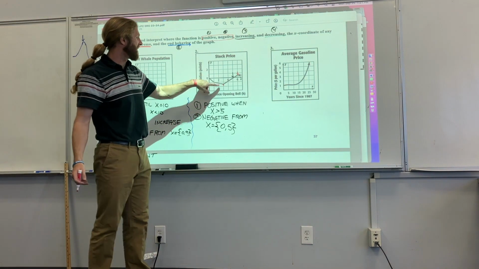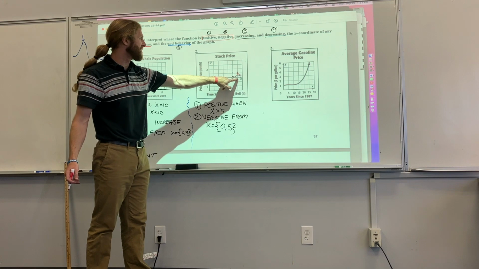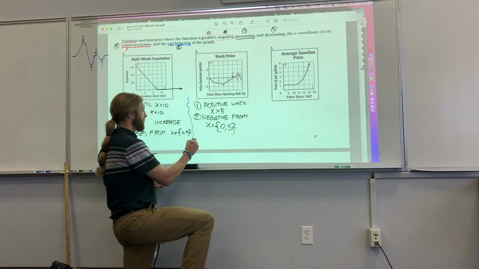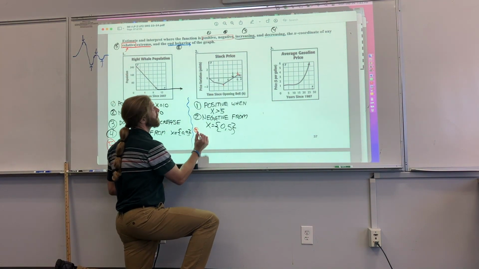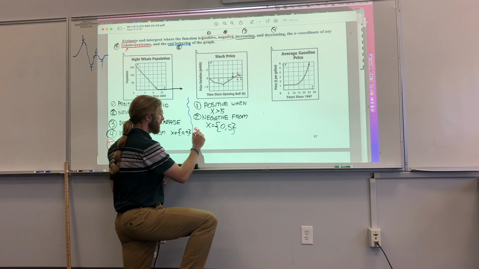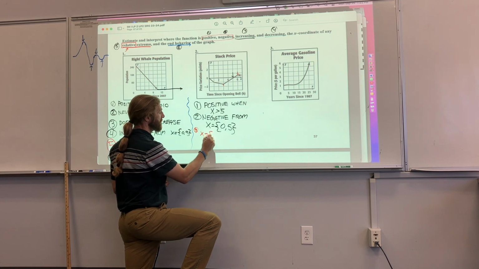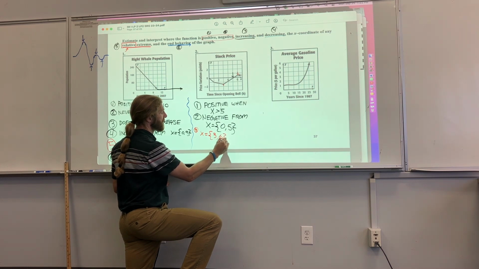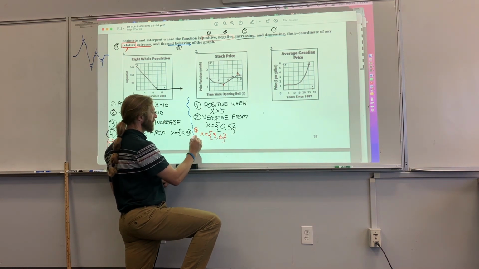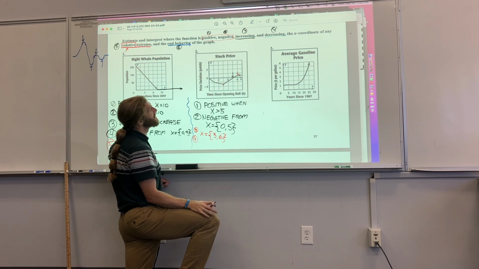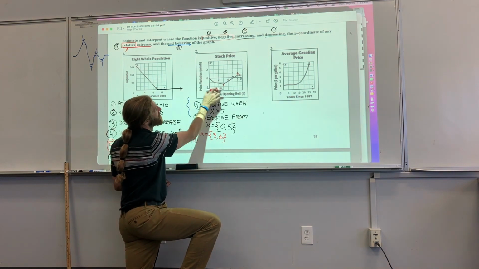We can identify that as 3 when it starts, 6 when it ends. Increases when x is equal to 3 to 6. 4 is the decreasing interval, and that starts from 0 to 3.